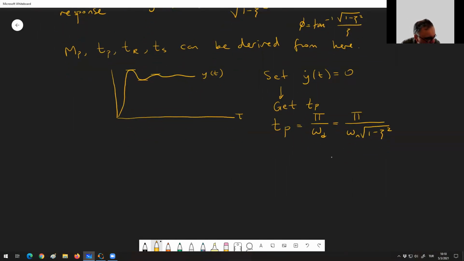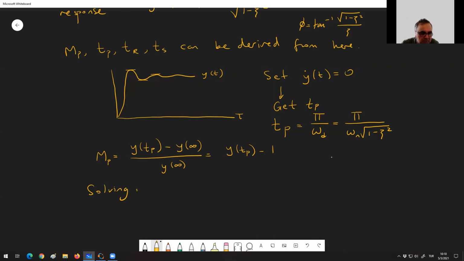Then the maximum overshoot, MP, would be equal to Y at TP minus y at infinity divided by y at infinity, but these are ones, so this is y at TP minus 1 divided by 1.